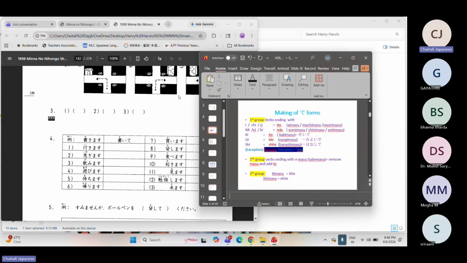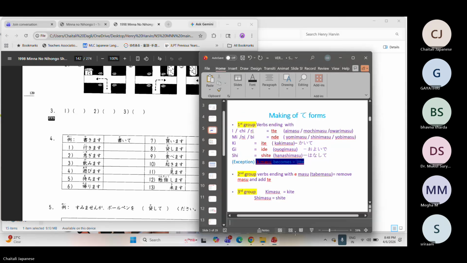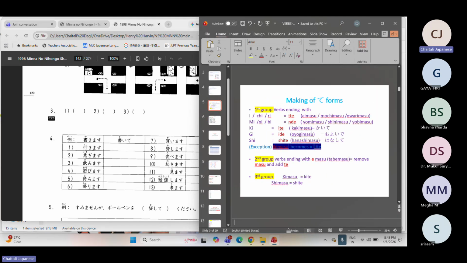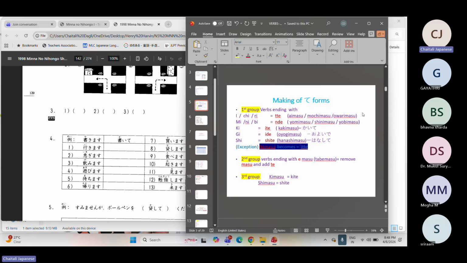I'm going to zoom in a little bit here. Please solve this first and then we will start with the exercises. Start. Try. If you don't understand, leave that, go on to the next verb.